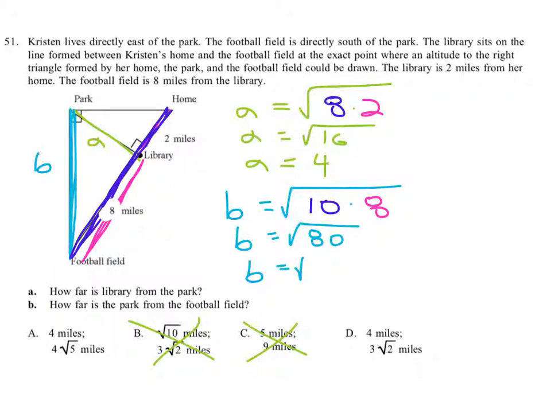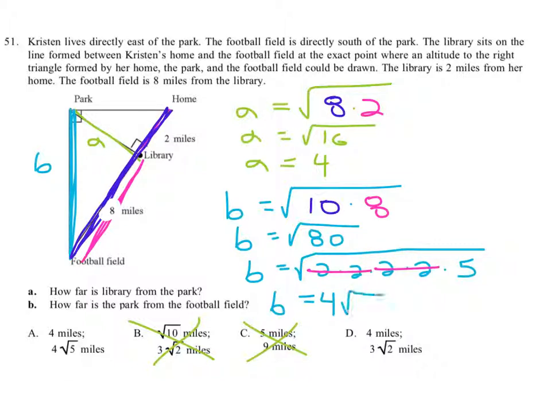If we break this apart, I could do the prime factorization: 2 times 2 is 4, times 2 is 8, times 2 is 16, and 16 times 5 is 80. So I have a pair of 2's, another pair of 2's, and we get B equals 2 times 2 comes out, 4 root 5. That's B. So you can see that it's not D, that has 3 root 2, and A has 4 root 5. A is out.